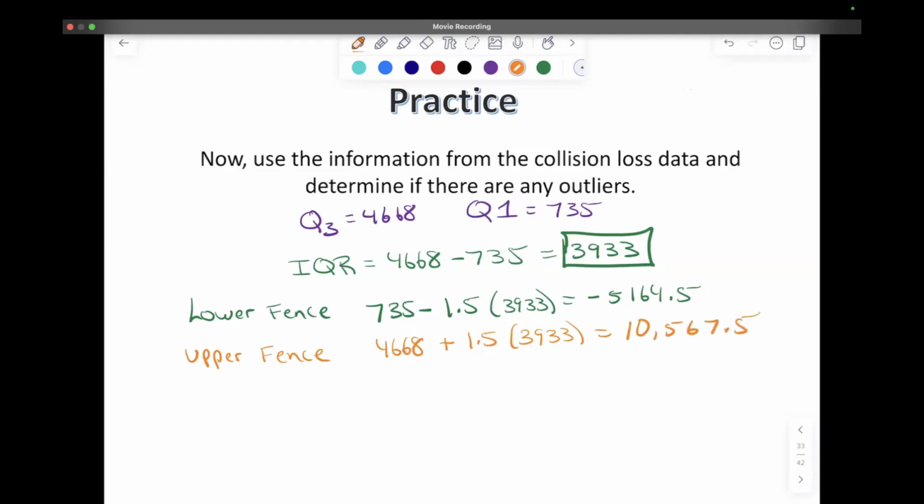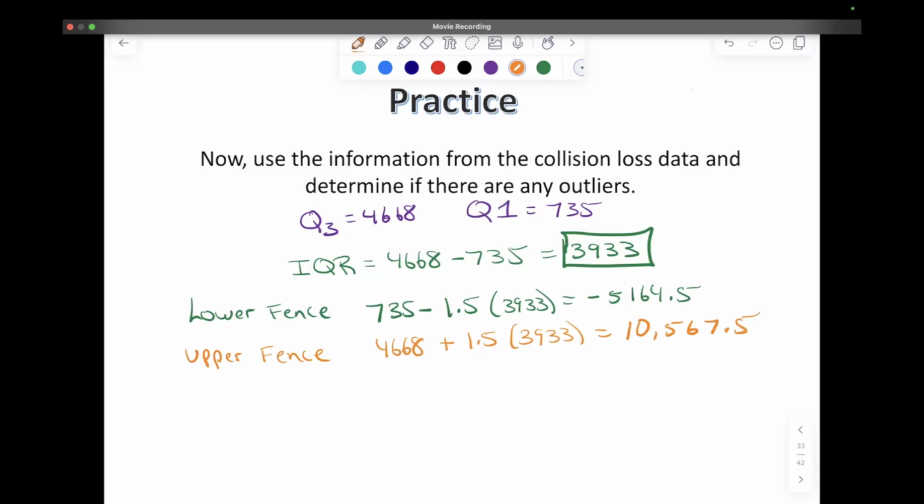I'll let you write this down and then we're going to go back and check our data. I'll tell you we do have an outlier, but we're going to go check our data anyway. So any value lower than negative 5,164.5 or higher than 10,567.5 is going to be an outlier. Those are our fences.